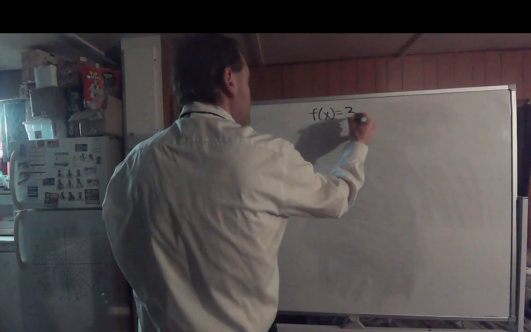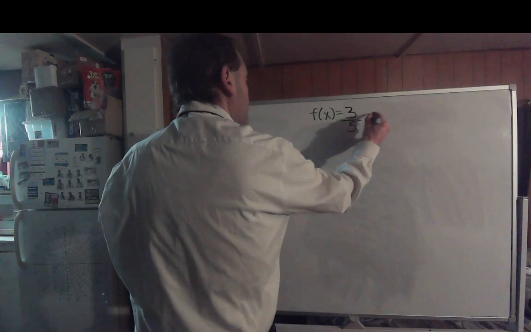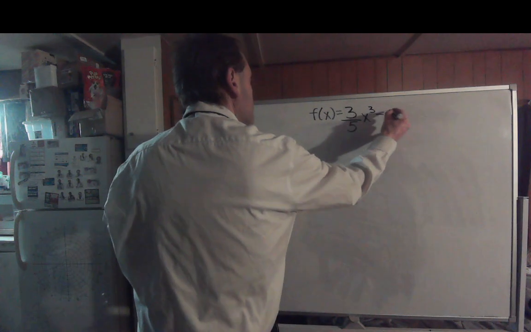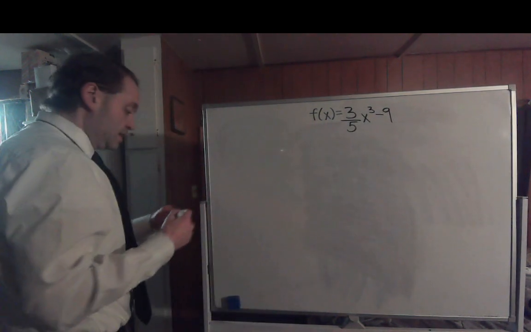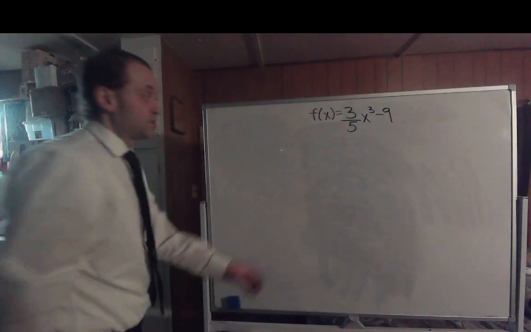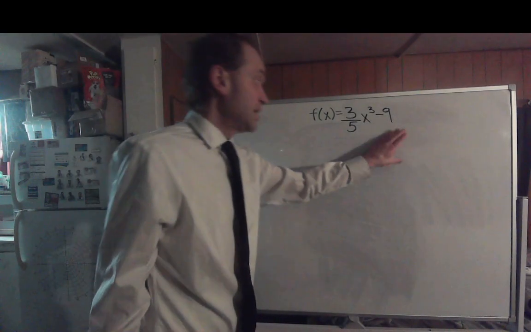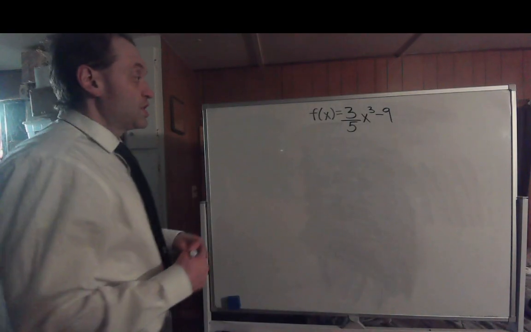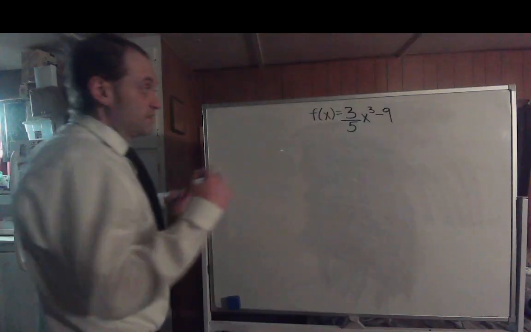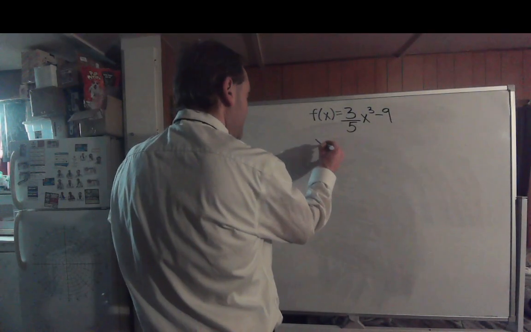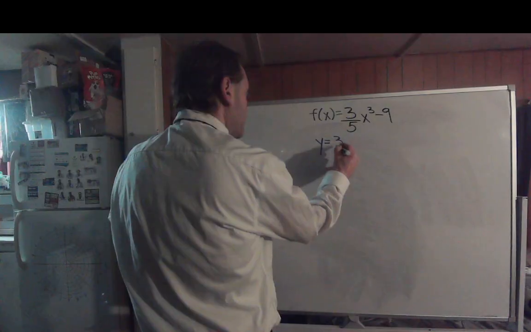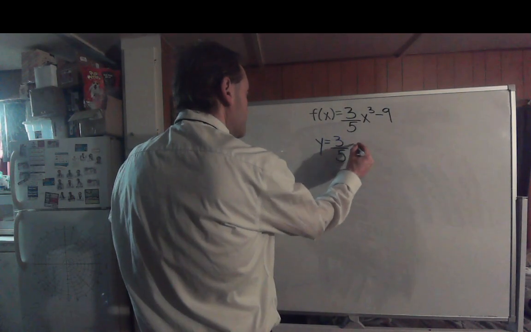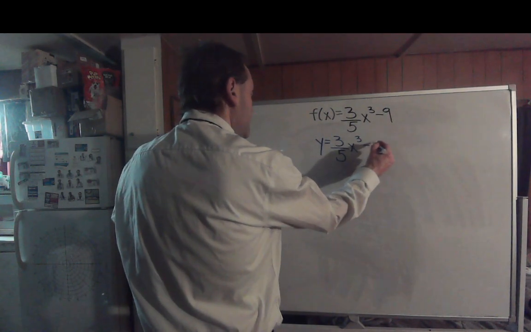f of x equals 3/5 x to the third minus 9. All right. So f of x equals 3/5 x to the third minus 9. All right, so let's convert this then into y equals 3/5 x to the third minus 9.